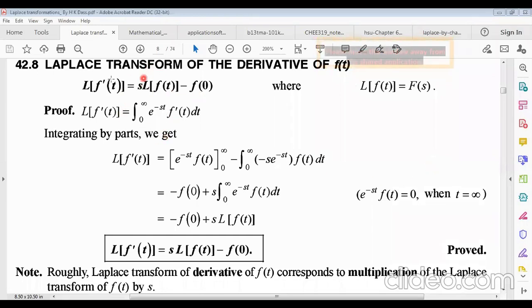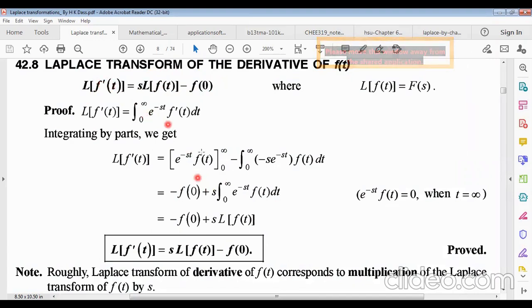Now for the second step, we have to use this property, the Laplace transform of the derivative of f of t. So the Laplace transformation of the first derivative of f of t equals s times the Laplace transformation of f of t minus f of 0. That means we have to use this formula for the first derivative of f of t.